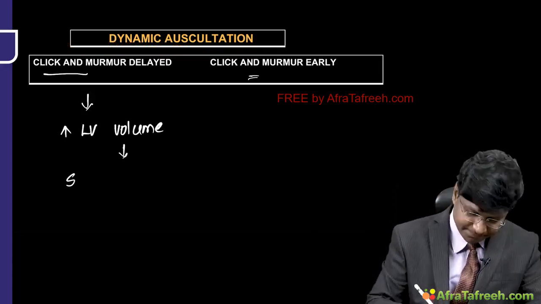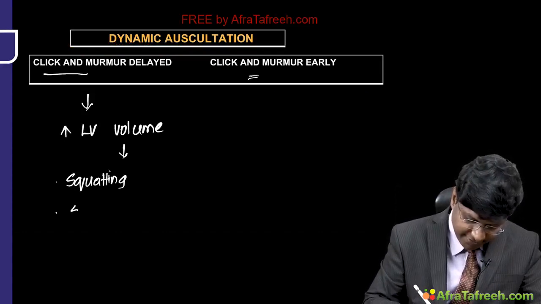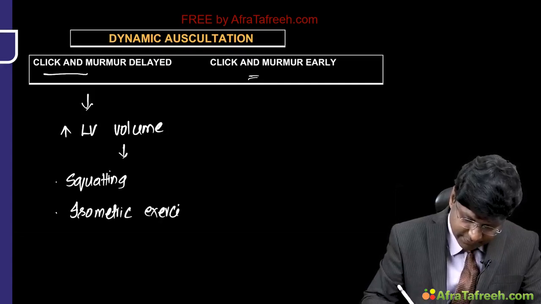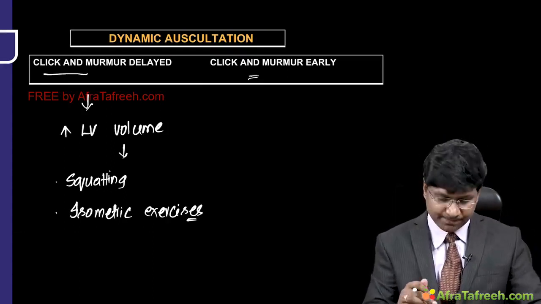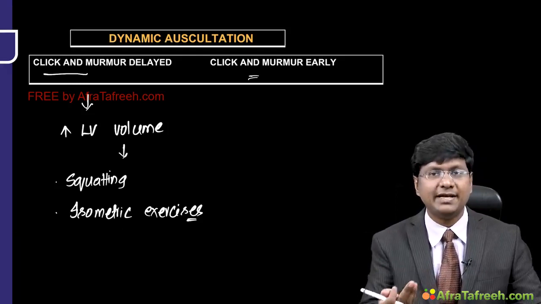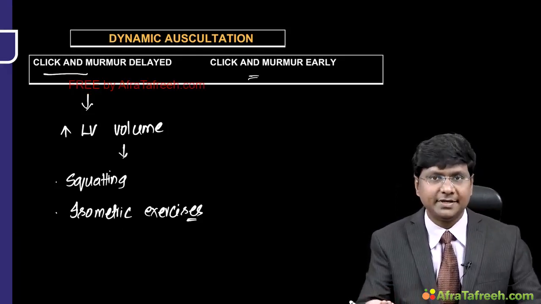That is the squatting position, right? Or when the individual does isometric exercises in the form of the hand grip. So in these scenarios the LV volume is increased, and when the LV volume is increased, the click and murmur is also delayed, right?